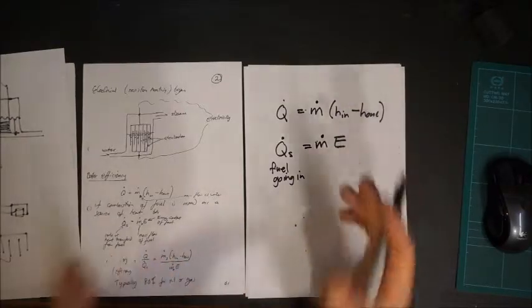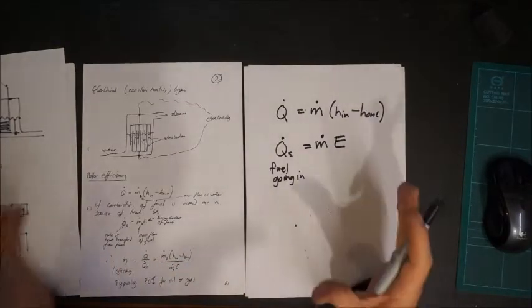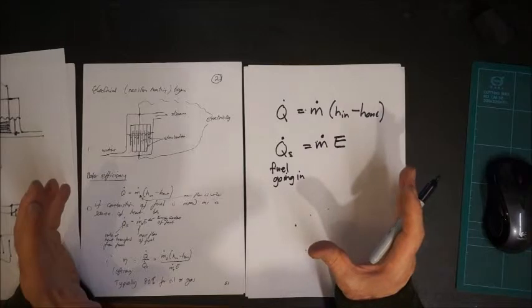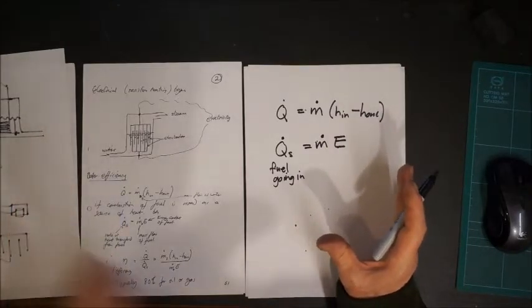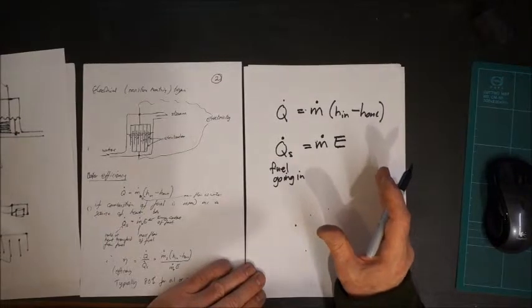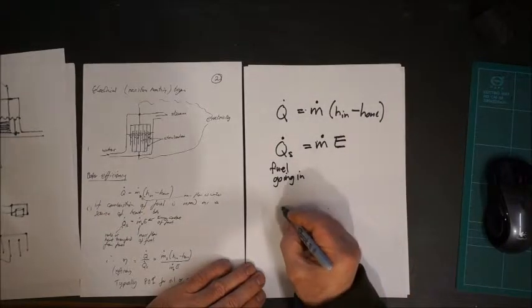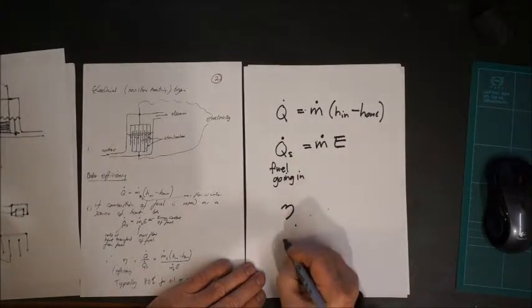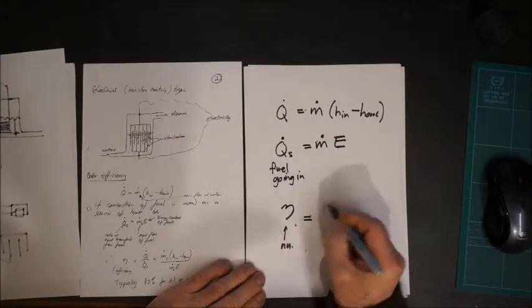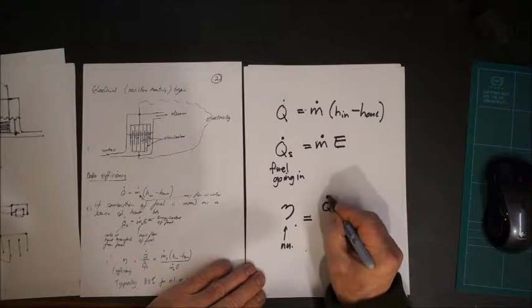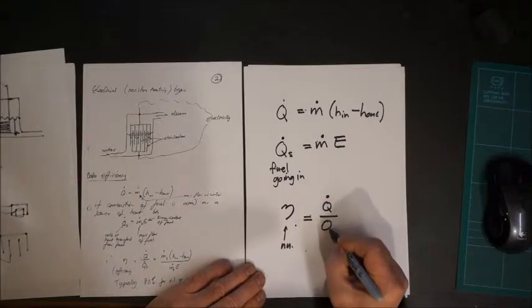This is just a number. So what it's saying is that when you burn this material, you get this amount of energy out of it. It's like a specific heat or something similar to that. So we can then say that the efficiency, and this is the nu, that's a symbol for efficiency, is the amount of heat coming out divided by the amount of heat going in.